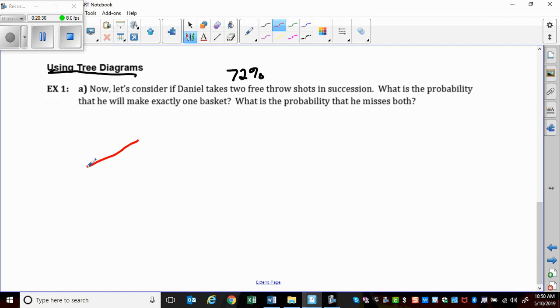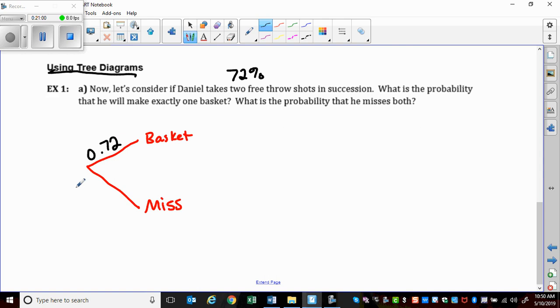The first one is going to be him making a basket or missing. He has a 0.72 that he's going to make the basket.